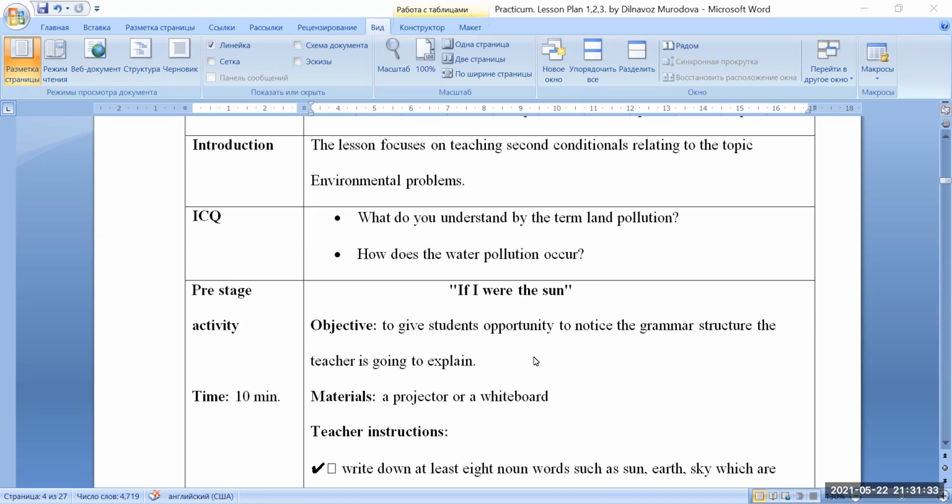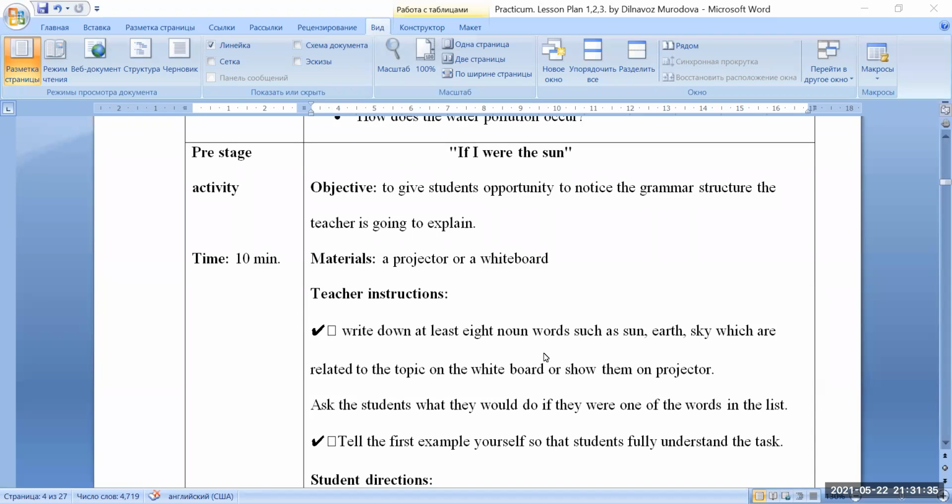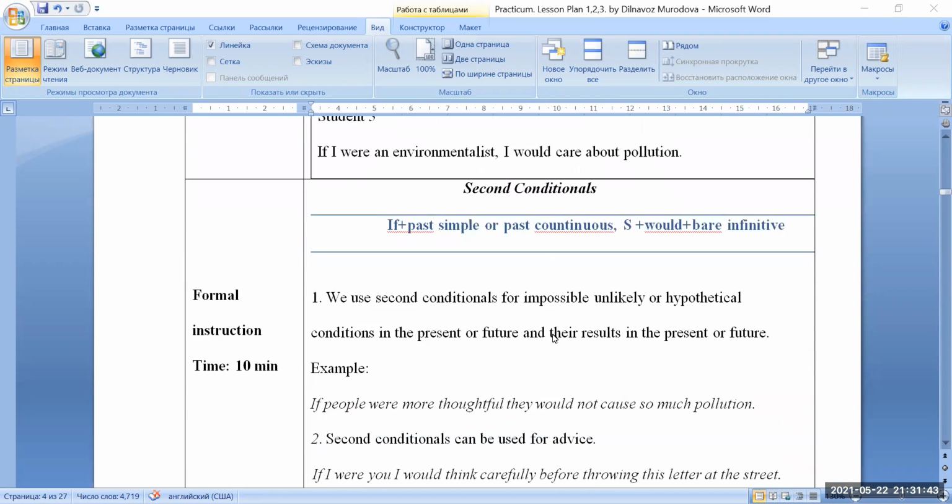Today our topic is that we are imagining. Yeah, imagination, absolutely right. And maybe you have already noticed today's formal instruction. Today we're going to learn about the second conditional. The structure is if plus past simple or past continuous, and the second part is subject plus would do.